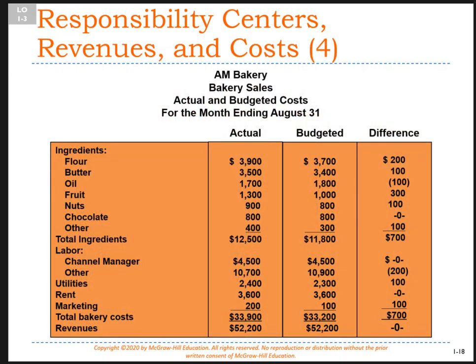Now, another way that we use costs especially to evaluate, and we will have a chapter later on budgets, is we project and then we compare to the actual. So the budget is in the middle of these three columns here, and actual is on the left. There's no magic formula as to which one you put on the left or right, but what we're looking at is a comparison.